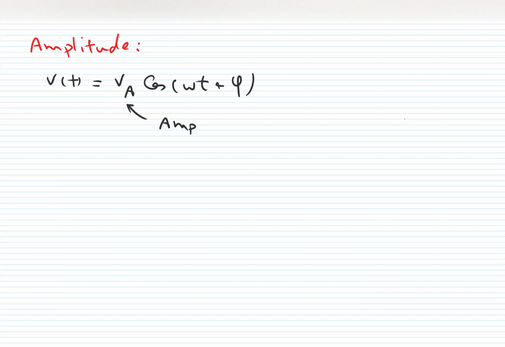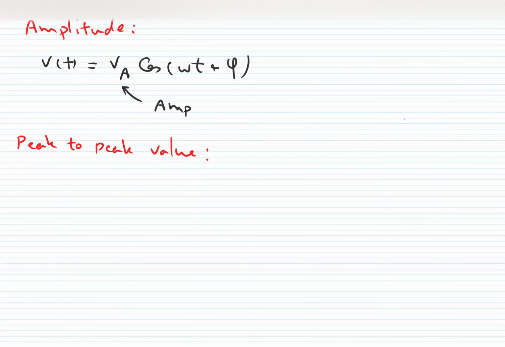The first type of amplitude we will discuss is peak to peak value, which we show with V sub PP, is equal to V max minus V min. This one is the definition of peak to peak value.